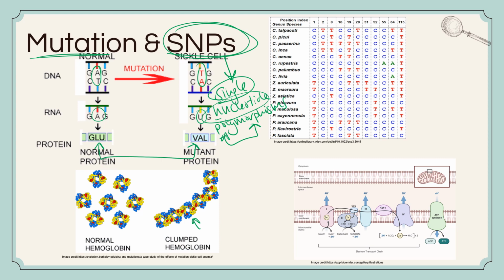That's bad. Here's another example, a cytochrome C oxidase protein. That's the last protein in the electron transport chain of proteins. And notice that at nucleotide number 1, we have sometimes some C's and sometimes some T's. So again, this is a SNP, a single nucleotide polymorphism.